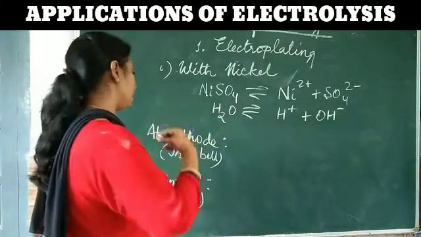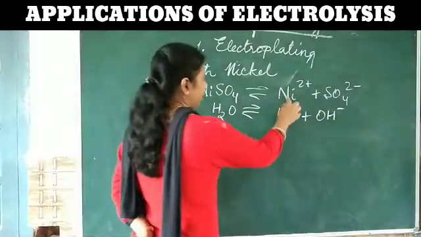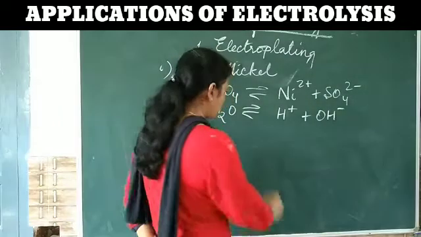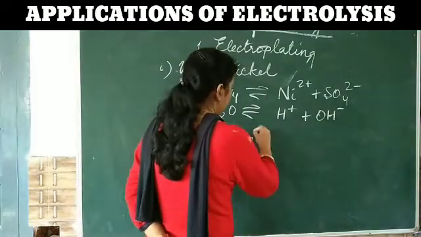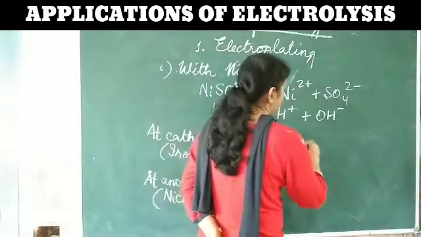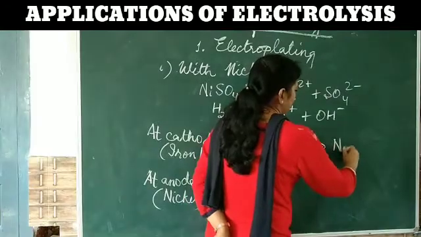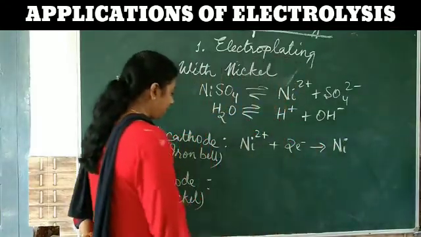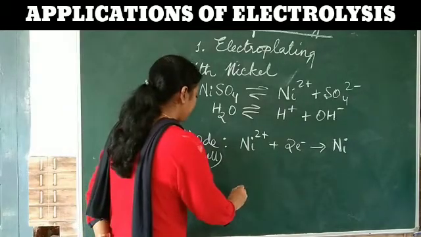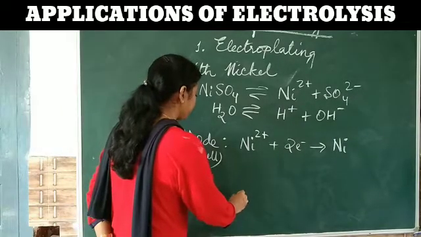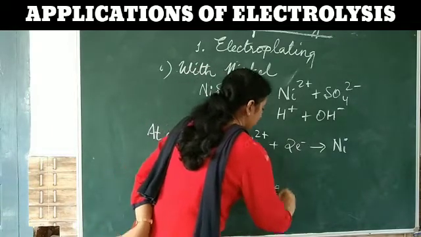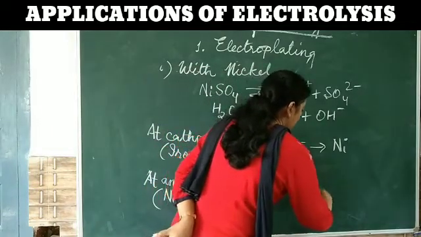Here, nickel and hydrogen ions both will come, but because the concentration of nickel is more, Ni2+ plus 2 electrons will become nickel. And at the anode, Ni minus 2 electrons will give Ni2+.